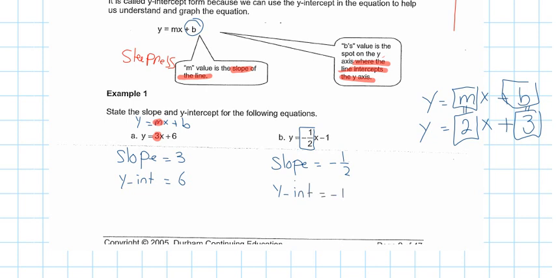You're going to use this information, I'm going to say that again, you're going to use this information to be able to graph. If you don't know how to identify the slope and the y-intercept, you won't be able to graph. Are we okay with this? Okay?